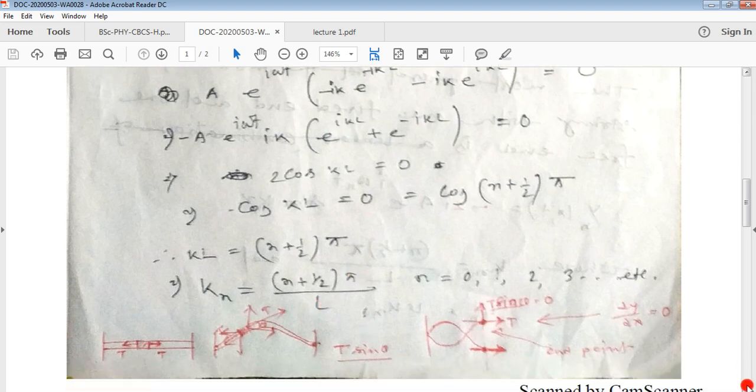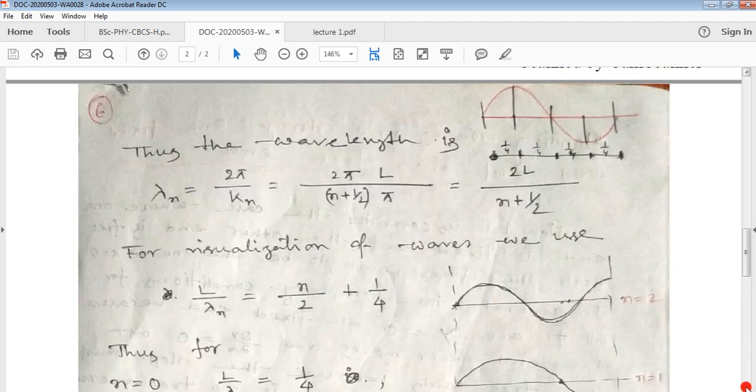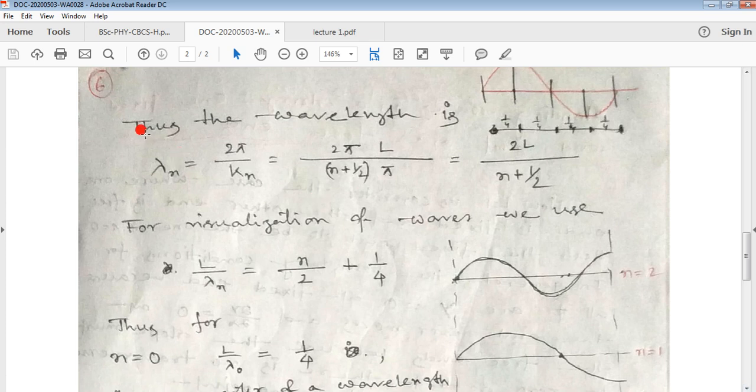For different values of n we will have different values of wave number, and this relation will give us some other quantities, for example wavelength lambda n, which is equal to 2 pi by kn. Similarly we can also obtain the frequency, say nu n.